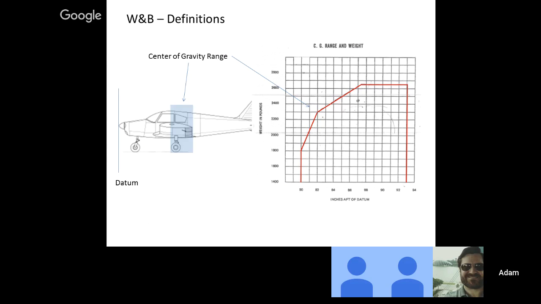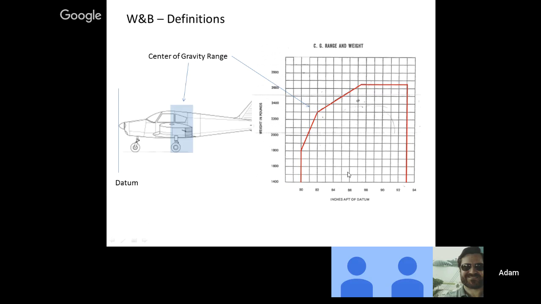The first one being the maximum weight, so the maximum gross weight, and the second one being the center of gravity range. If we remember on the second slide, that individual trying to balance the aircraft on a single point on his finger, aircraft are certificated to have a center of gravity between 2 points, forward and aft points.